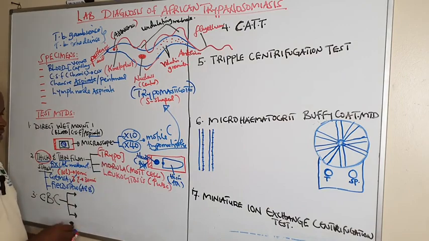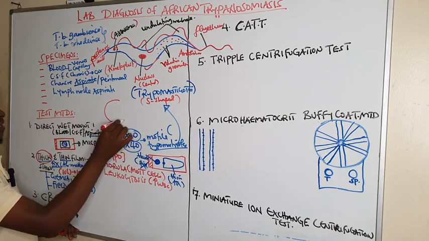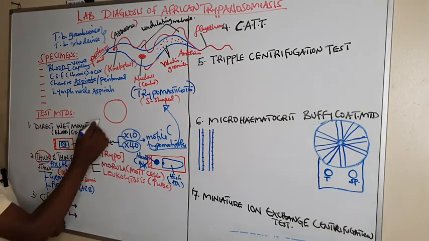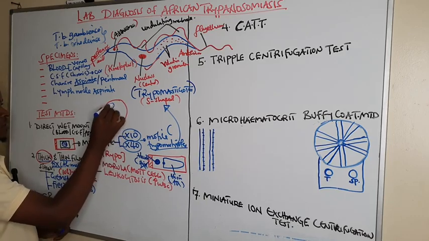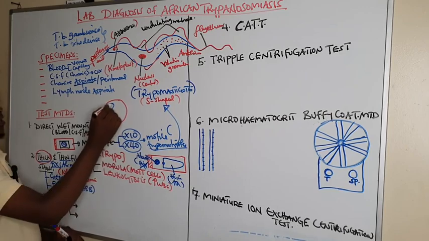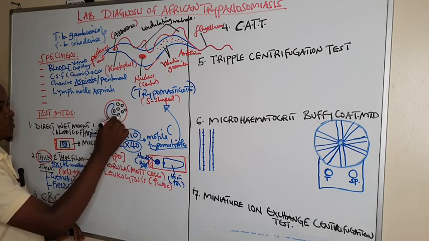So how do Mott cells look? In a stained film, if this is a monocyte, you find it has its kidney-shaped nucleus, with clear vacuoles.